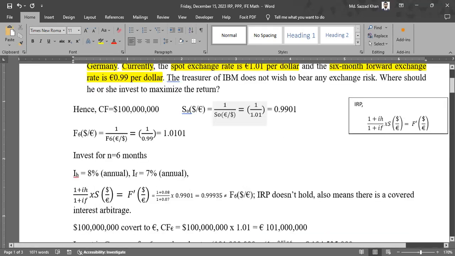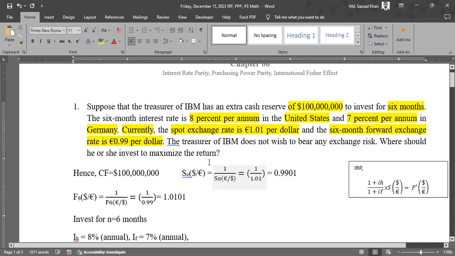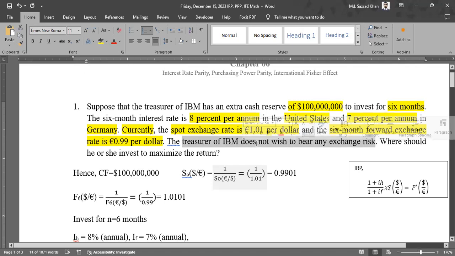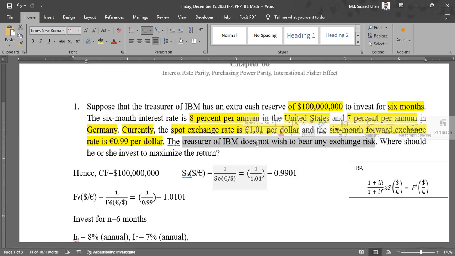Because the treasurer does not wish to bear any exchange risk. When a person doesn't want to bear any exchange risk, that means he or she wants to hedge his or her asset or money or currency. To hedge, they need to use a derivative instrument like forward, future, options, whatever. So in this method, we'll be using a forward contract.